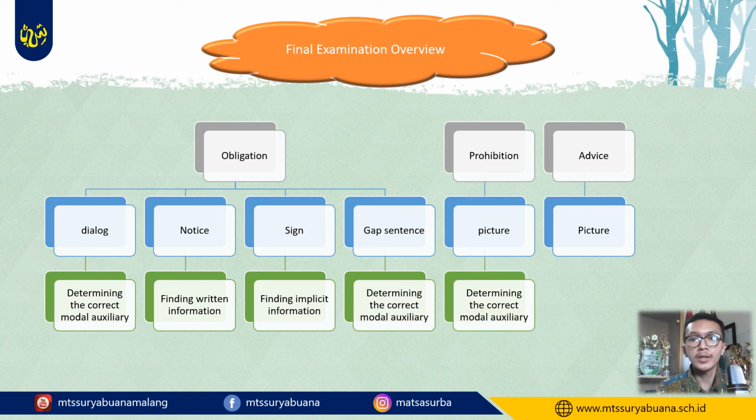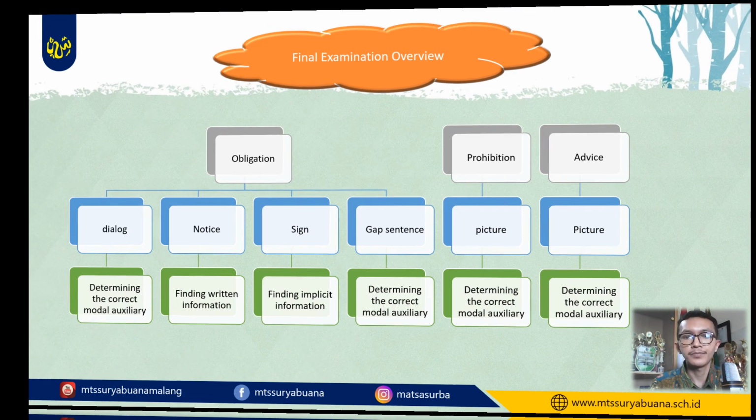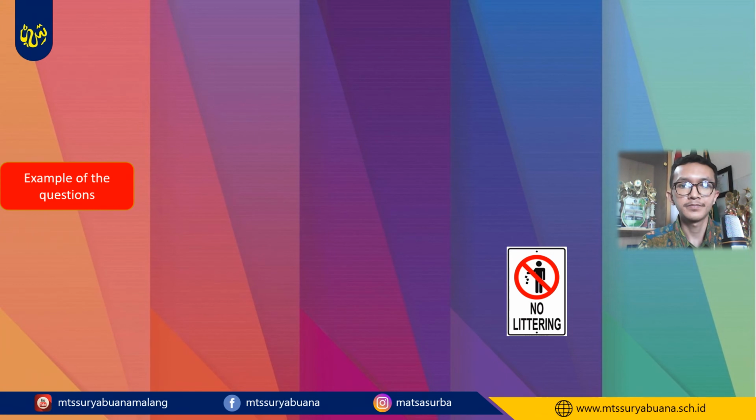For the picture, students should determine the correct modal auxiliary. It also happens in advice: students should determine the correct modal auxiliary. And this is an example of a question from the previous final examination overview.